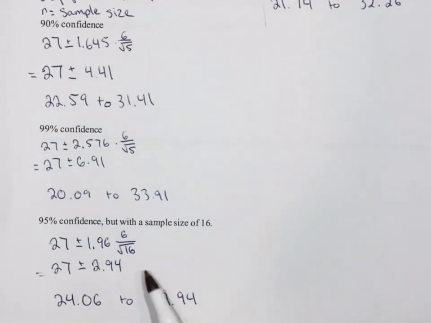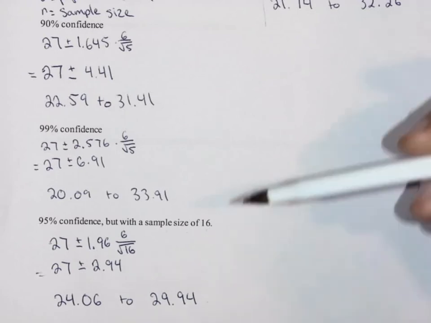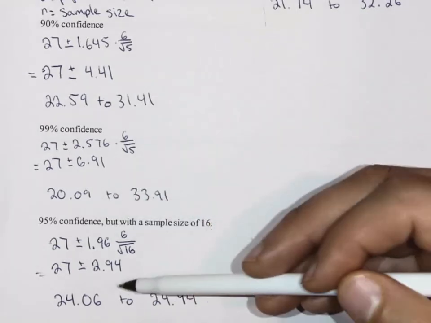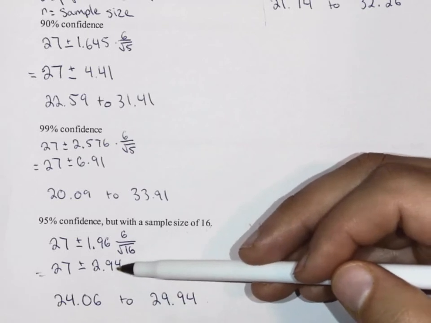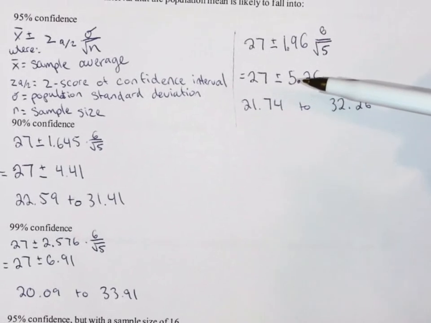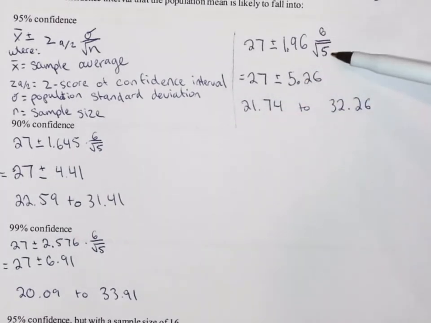So as you can see, with a larger sample size, when we get a better representation of the population, it actually makes our range smaller because we have more information. So with 95% confidence with a sample size of 16, we have a plus minus of 2.94, or a range of about 6. With 95% confidence but a sample of 5, we have a range of 27 plus minus 5.25, with a range of about 10.5.